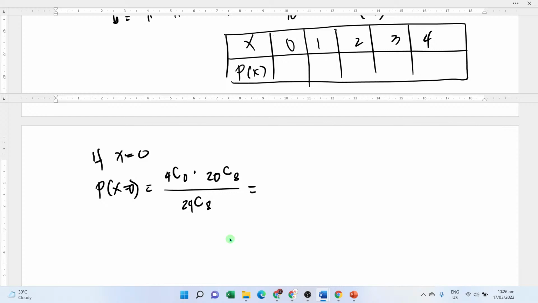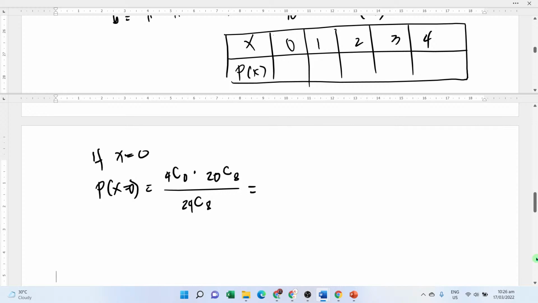Okay? So, let us compute. Tignan natin. 4 combination 0 times 20 combination 8 over 24 combination 8. Use your scientific calculator. Unfortunately, I won't be able to show my scientific calculator on screen.